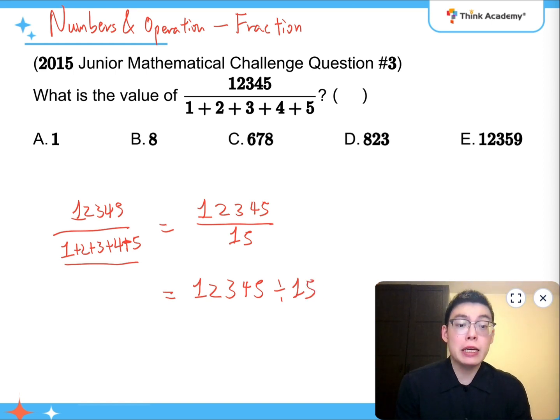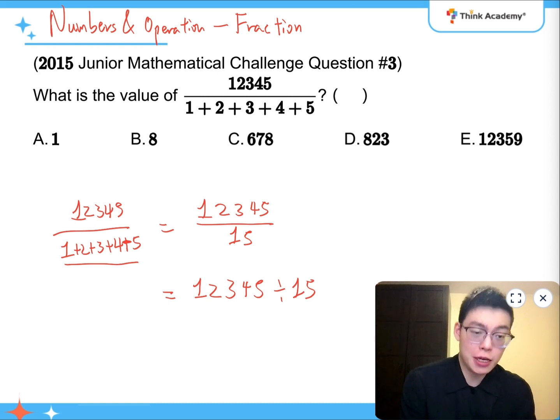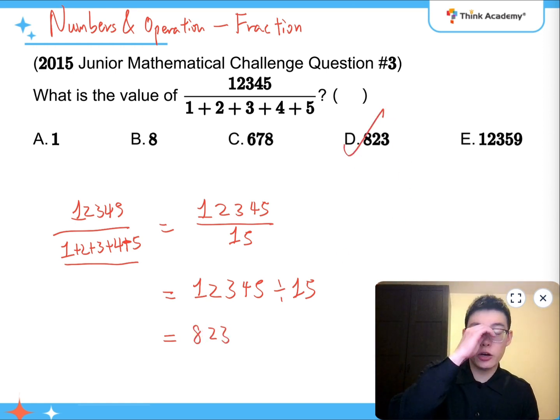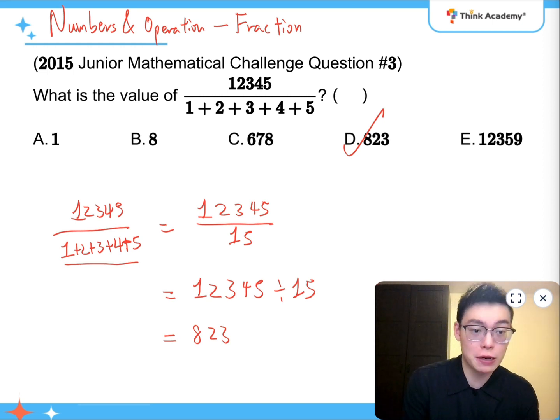So you can either make an estimation according to your experience, or of course you can just properly do the division, and then you will get that the answer is around 800. And to be exact, it's going to be 823 because that's the only option in its hundreds, right? So that's what we have.